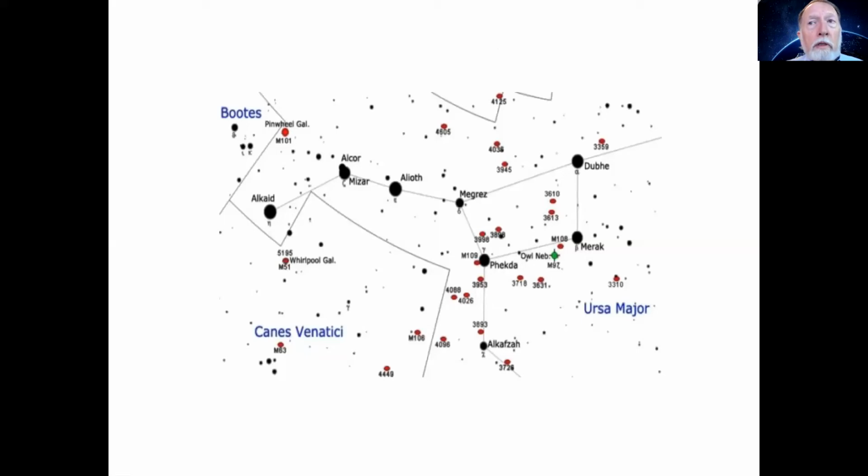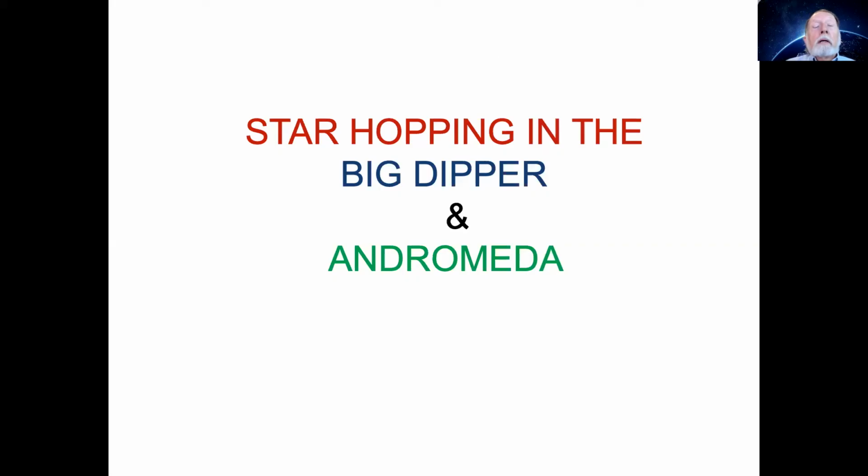And now we're going to spend a little bit more time actually doing a couple of things with it so that you'll understand and appreciate how useful it is. I'm actually going to spend some time star hopping, as we call it, within both the Big Dipper and within the constellation Andromeda.